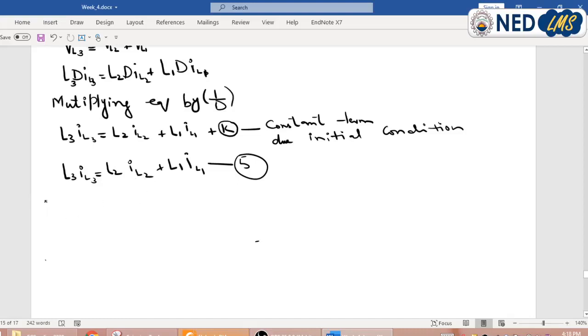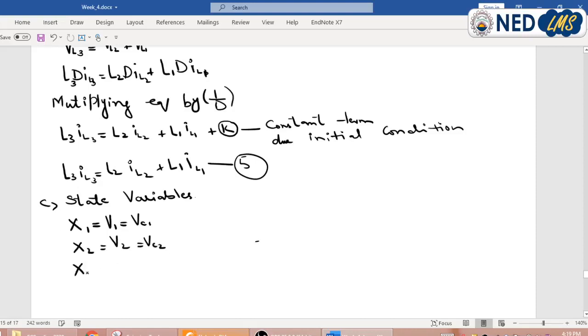So my state variables will be: x1 is basically my capacitor voltage V1, equals Vc1. Similarly, x2 is V2, equals Vc2. Similarly, x3 is my inductor current IL1, or we can say I1.